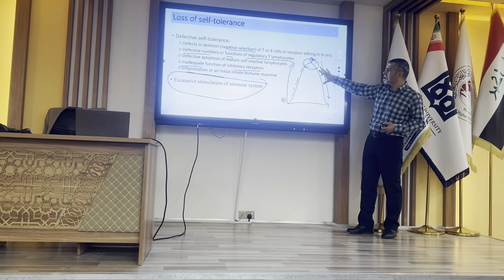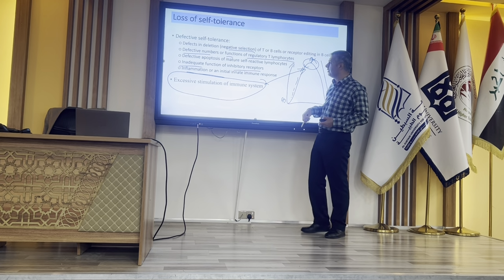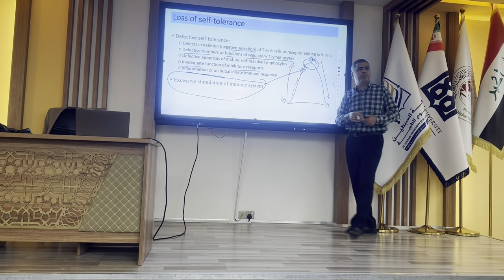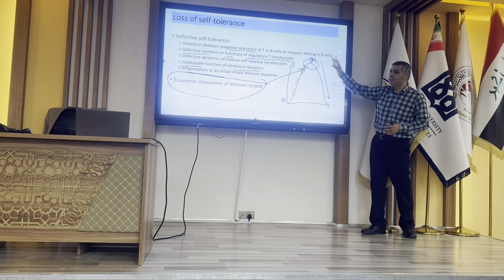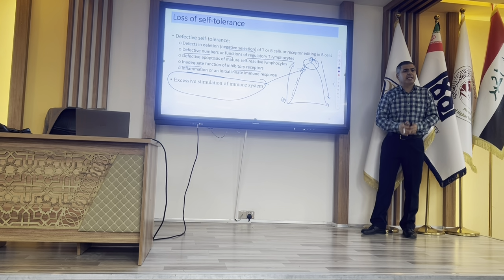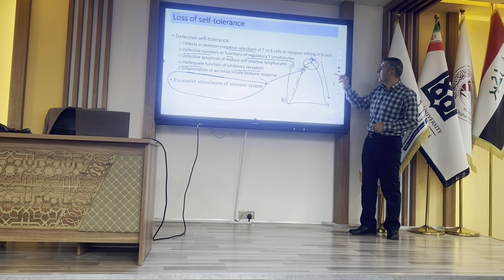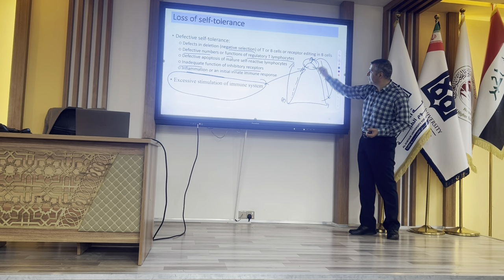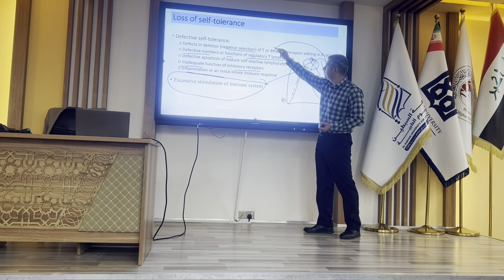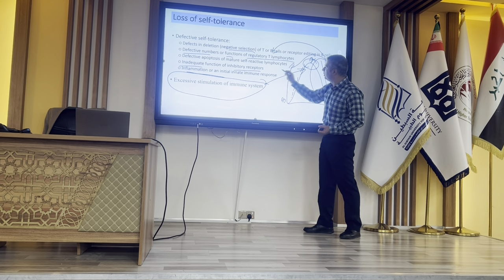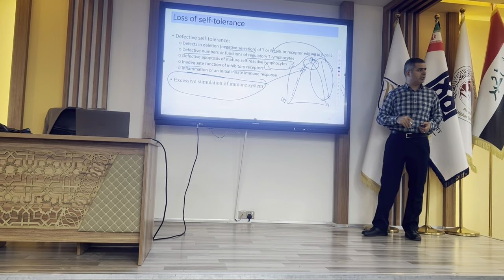If this contraction doesn't occur, it is possible to have an excessive and unwanted immune response, and the possibility of autoimmunity will increase. I've told you that this contraction is made by regulatory T cells, by inhibitory receptors, and by inhibitory or suppressory cytokines.